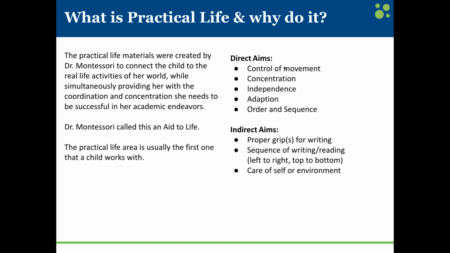So if we're thinking about something like spooning lentils, which we can look at a little later, if we're spooning lentils from one bowl to another, for us, we would think, why would we do that? But our child is actually getting their hand ready to hold a pencil. So this motion directly relates to the way that we hold pencils for writing and picking up small objects as well.